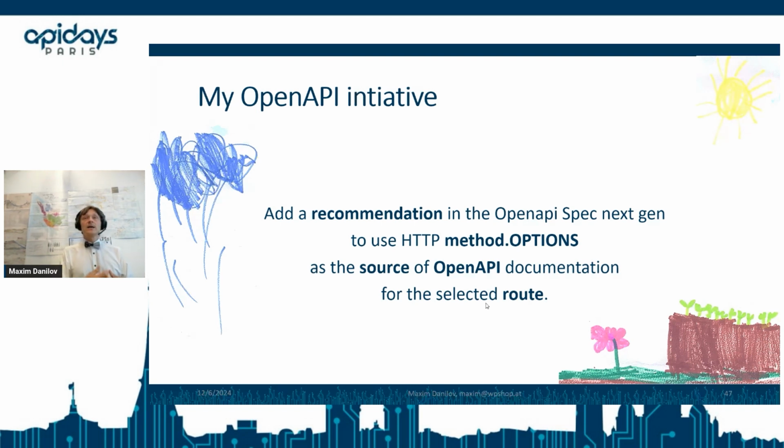Important is, it doesn't matter which protocol this route is handled by; we can mix HTTP method options also, for example, if a WebSocket service is implemented on this route. This is my initiative, and I hope I see this recommendation in next versions of the OpenAPI specification.